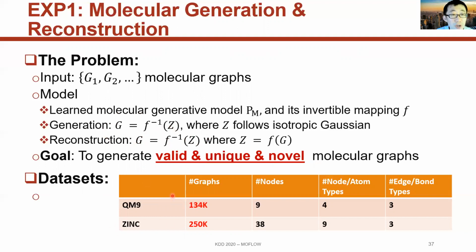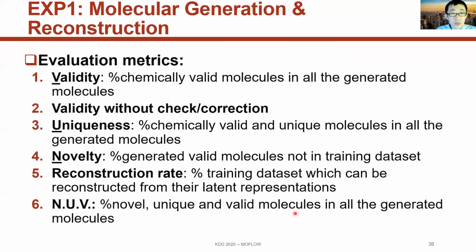Here we use two famous molecular graph databases. One is QM9, a relatively small database with at most 9 nodes. And ZINC is a much larger one with at most 38 nodes. How do we evaluate our generation performance? We use the following performance evaluation metrics. Validity, which means how many chemically valid molecules are generated by our models.